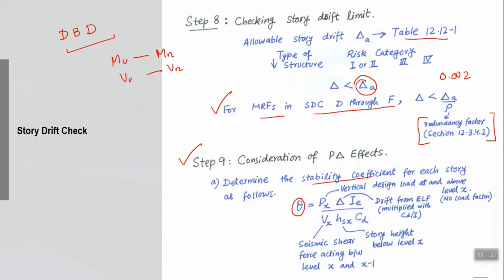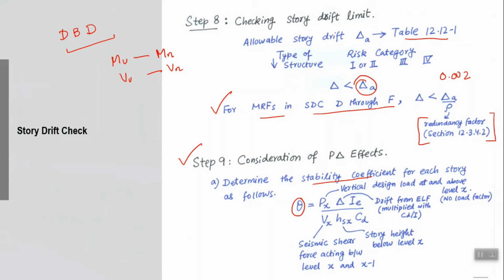And Px is the axial load and delta is the lateral drift caused by the lateral forces. So it is actually a second order moment, right? P into delta, right? So it is the ratio of two moments, a moment which is second order moment and a moment which is trying to overturn your building. So this ratio will actually tell you whether P delta effect is significant or not, right?